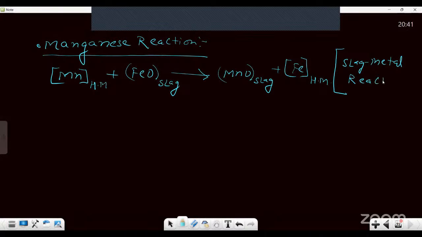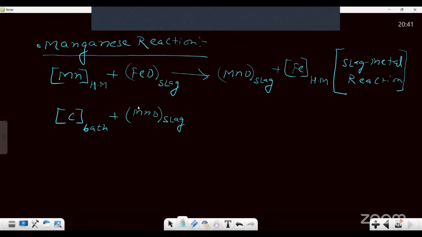This is a slag metal reaction. Another thing which can happen in case of manganese reaction is carbon from the bath, or you can say also hot metal, can react with the MnO.